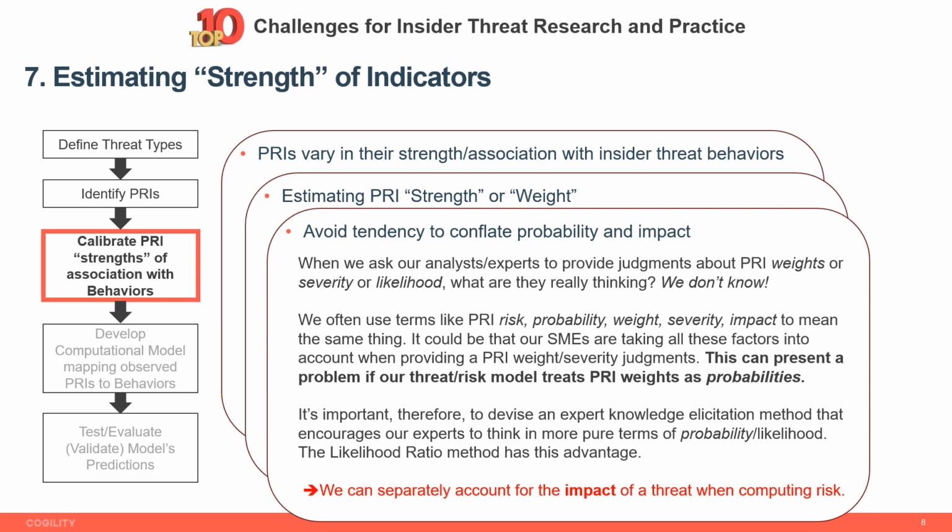If our models assume we're dealing with probabilities, but our subject matter experts are using some unknown mix of their assessment of the seriousness of a given PRI, how will this affect the validity of our model? For those of us who are pursuing probabilistic models, I would urge that there's a need to be very careful about how we go about the expert knowledge elicitation process.